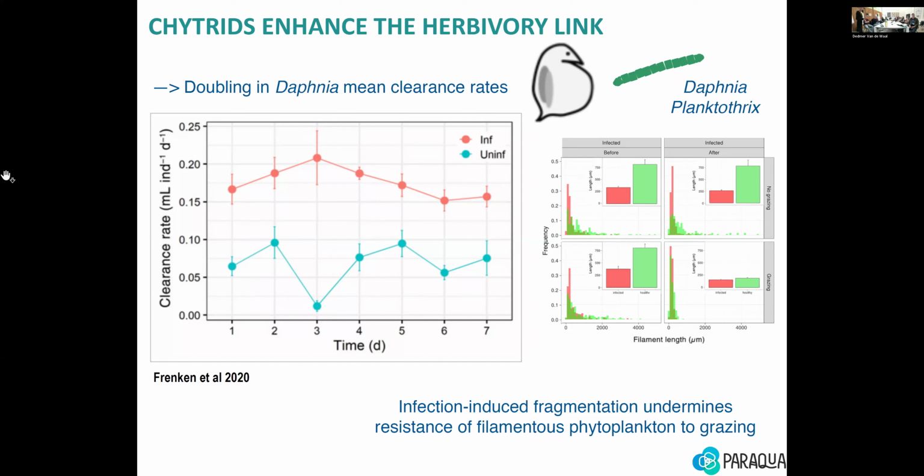One of the mechanisms that has been shown is that Chytrids, as we saw yesterday, infect Planktothrix at a very specific point of the cell, and they can also contribute to breaking the filament, so the filaments are smaller. It was hypothesized that this was also one of the mechanisms that allowed consumers to survive better in presence of infected algae.